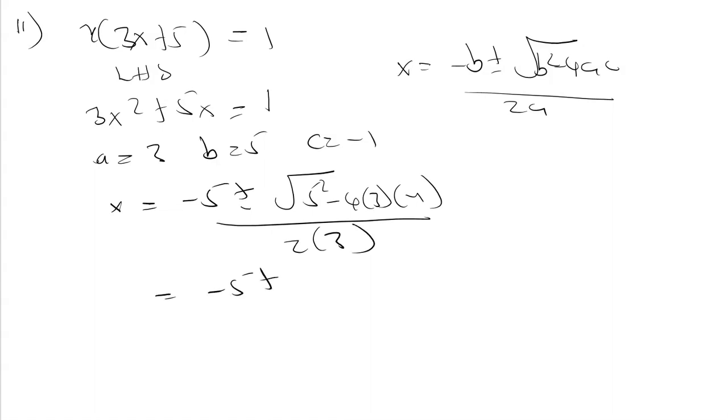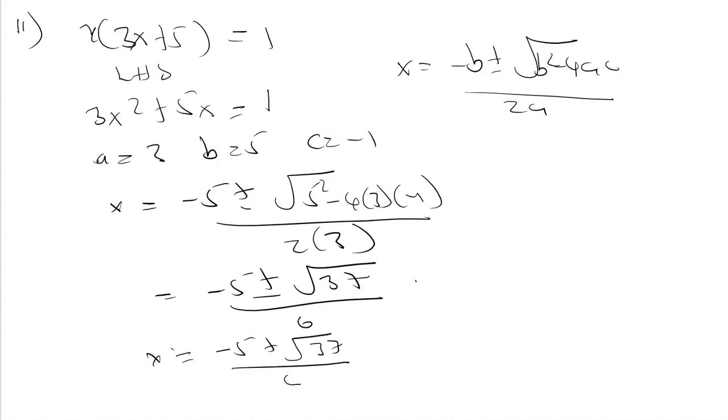So we have -5 plus or minus the square root of 25 plus 12, so 37, over 6. Which means that x equals -5 plus the square root of 37 over 6, or -5 minus the square root of 37 over 6.